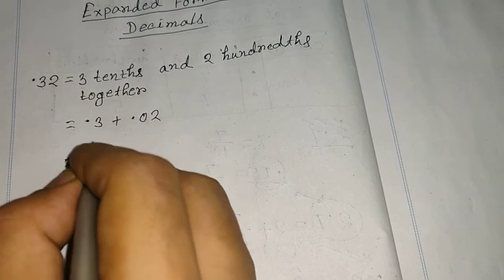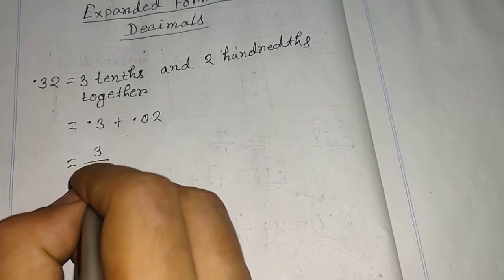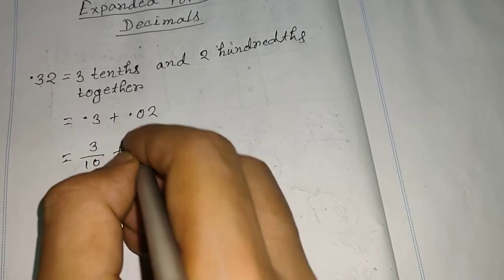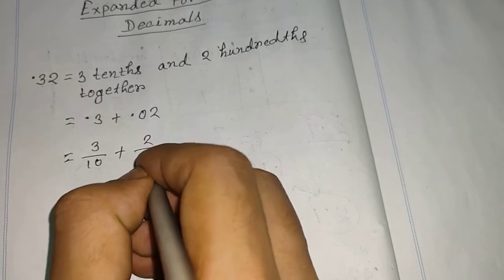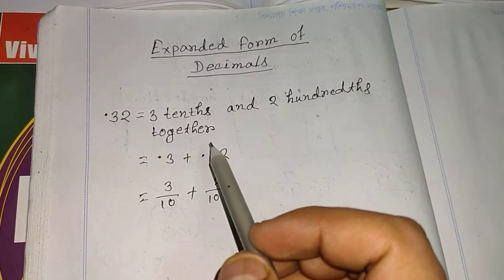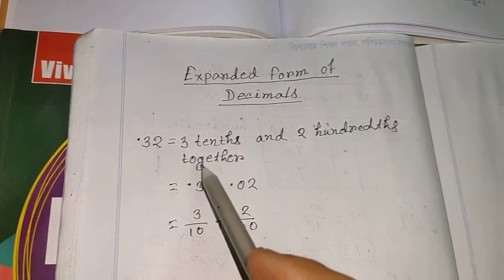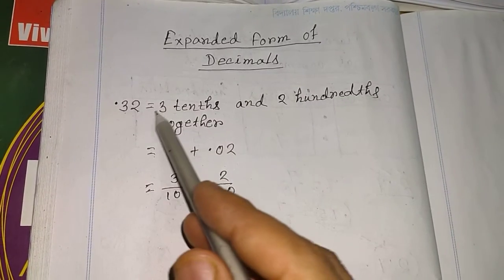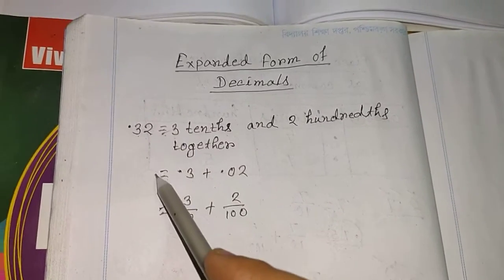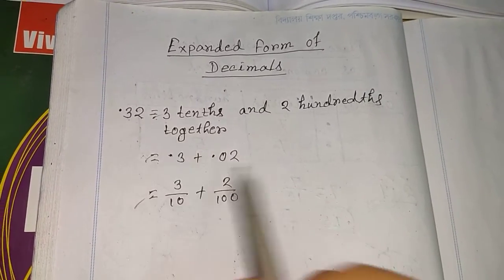And also we can write it like 3/10 plus 2/100. So these are the expanded forms. We can write it in any of these ways, 1, 2 and 3. These are all expanded forms of this number.